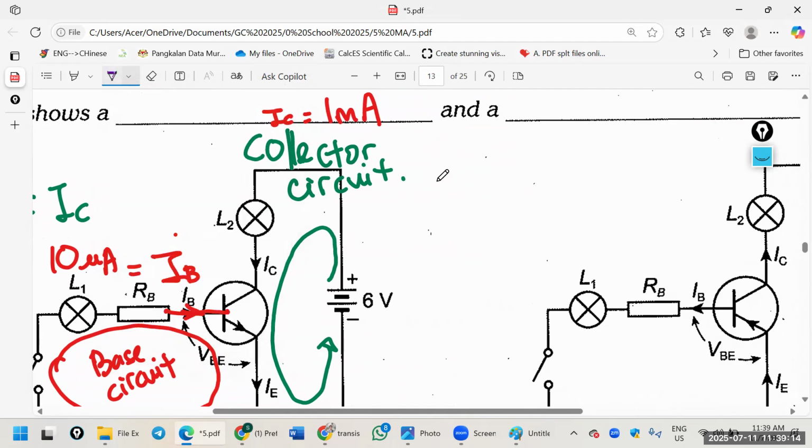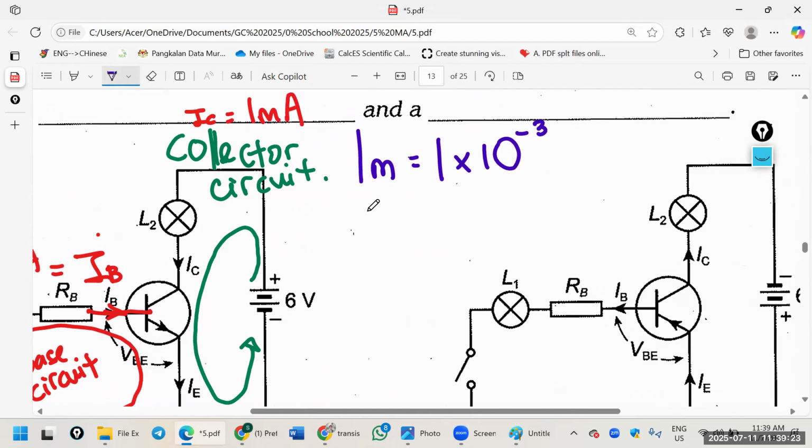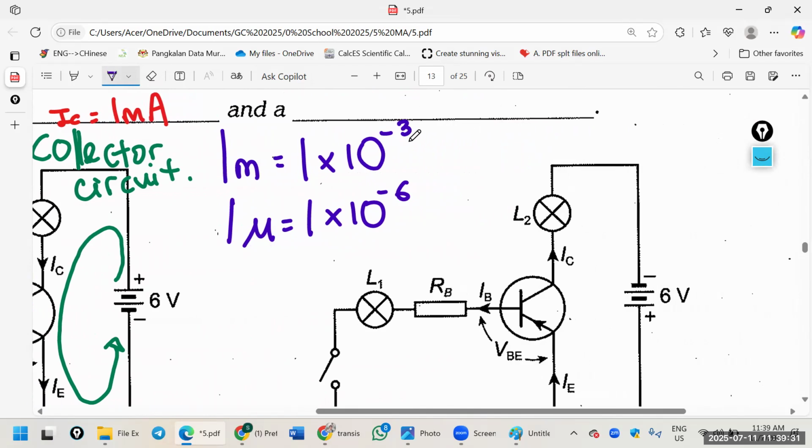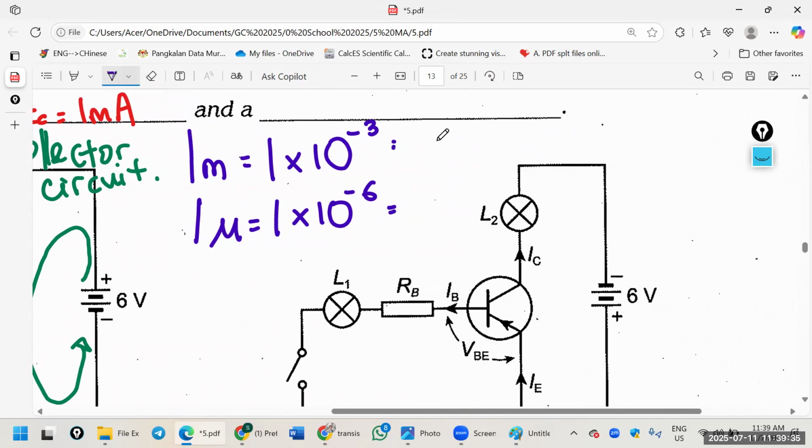Another way is 1 milli is actually 1 times 10 to the power of -3. So 1 micro is actually 1 times 10 to the power of -6. You might not be sensitive to it. Let me change to decimal. So this one will be 0.001, where this one will be 0.000001.